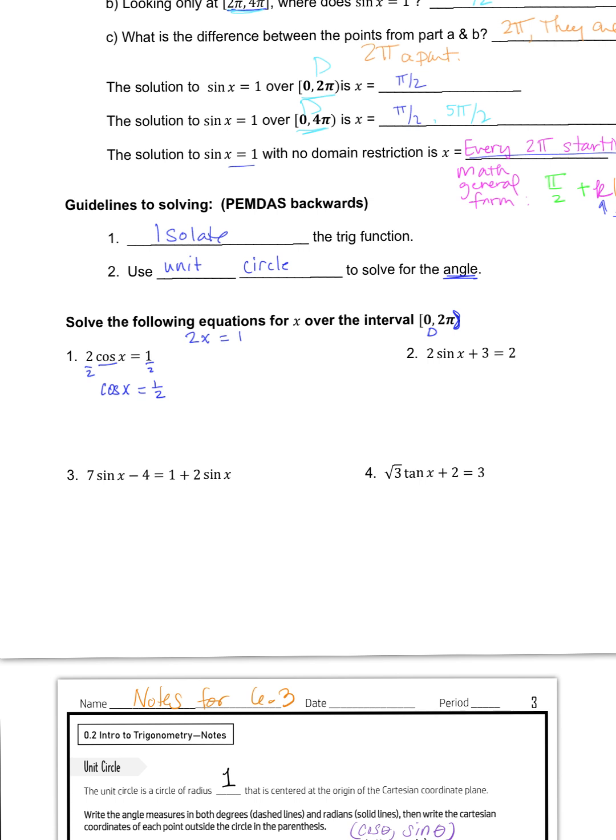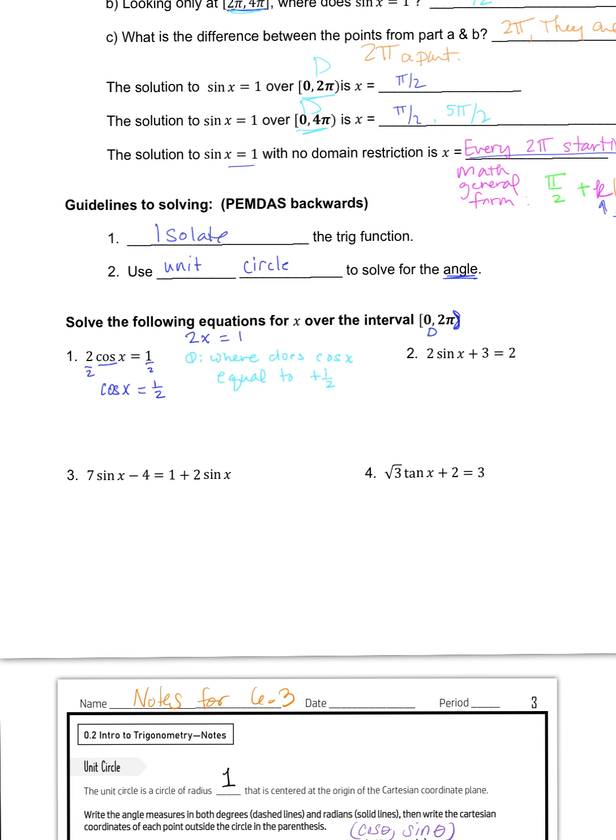I'm going to ask you a few questions as we go through this. The first question we're going to ask ourselves: where does cosine x equal a positive 1/2?